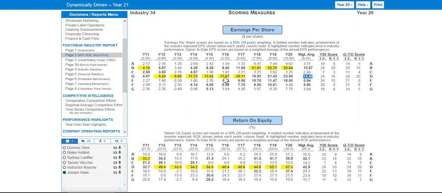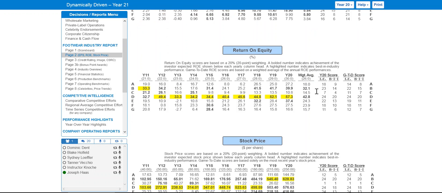Yet, if you look over the years, we pretty much dominated from year 12 on. And then they only barely beat us out in the past 3 years. So if this was actually an annual, there would be, I think, a bigger difference between these two. So they definitely weighted more towards the end, which helped them get a little bit closer to us in the earnings per share.